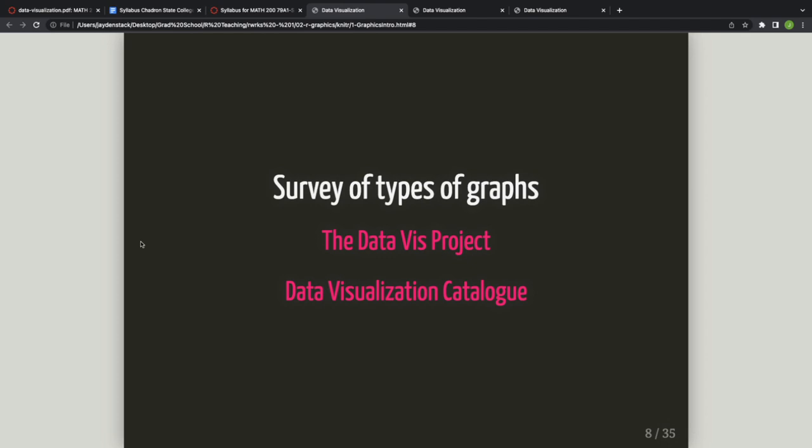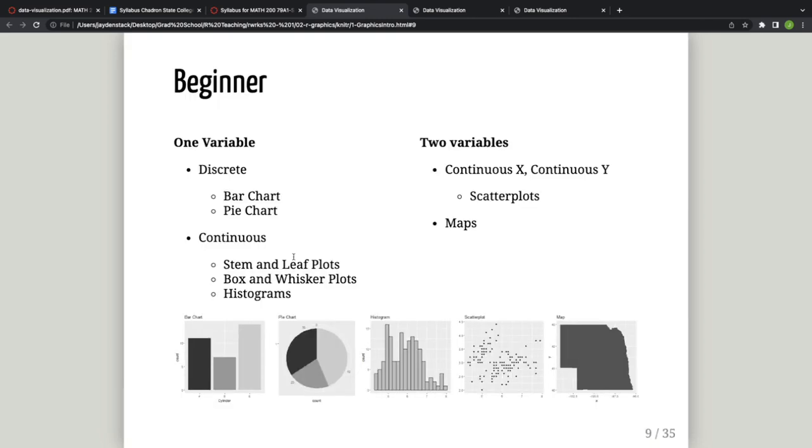Okay, so just kind of getting into some types of graphs. Go ahead and take a look at the Data Viz project and data visualization catalog just to see what is actually out there and what kinds of graphs you can create using R. Some beginner visualizations might include your one variable graphs, your bar chart, your pie chart, where you might have your continuous variables, your stem and leaf plots, your box and whisker plots, your histograms.